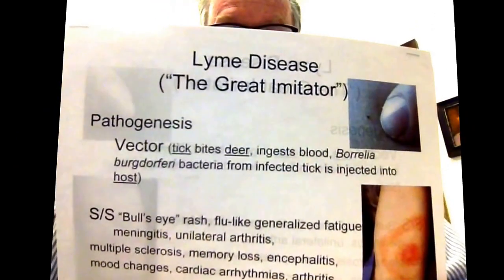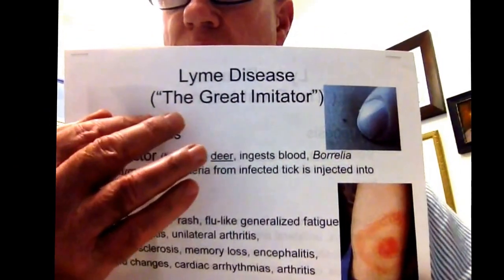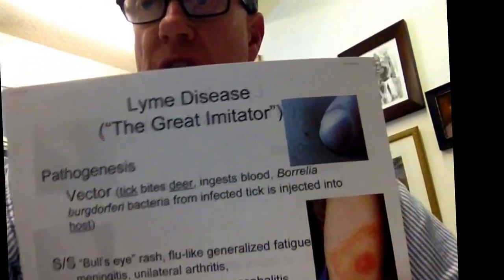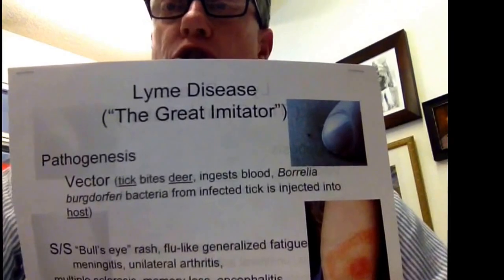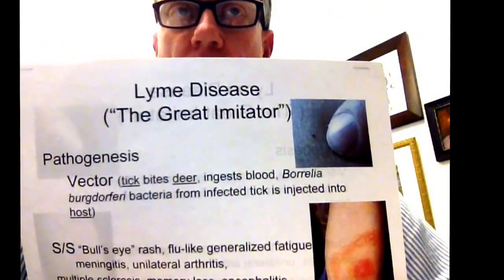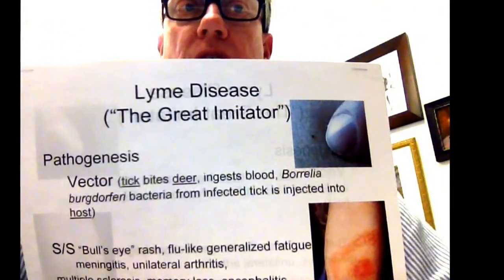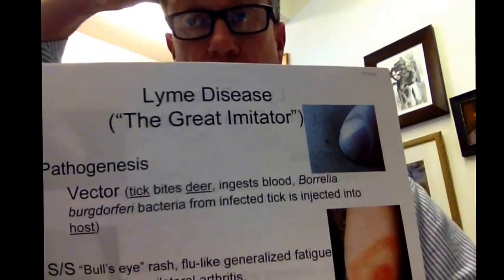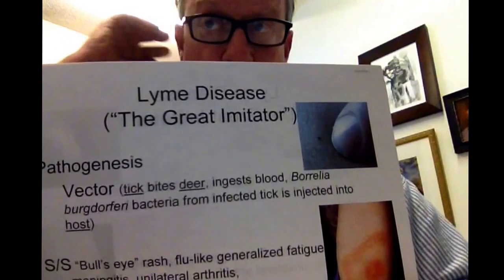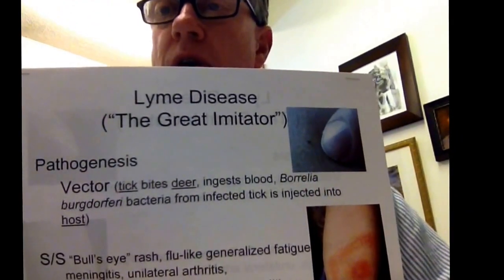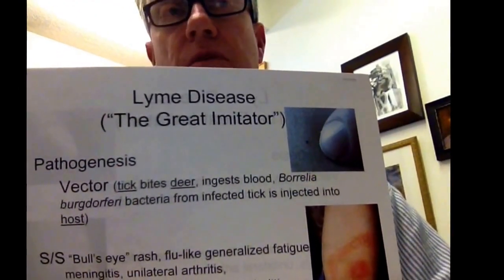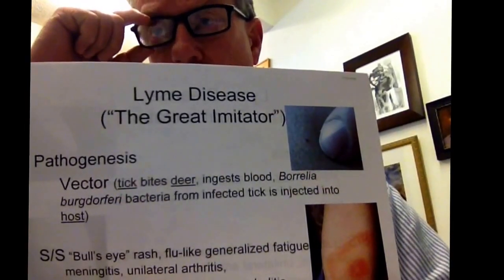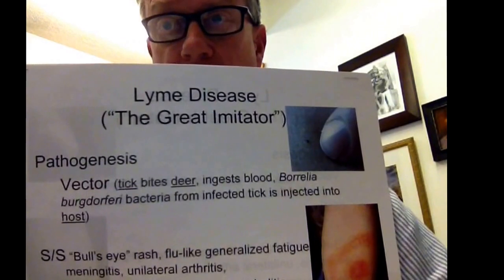in the forest. And this is dubbed euphemistically the great imitator because the signs and symptoms are so varied. There are people, maybe I'll talk to you about this in class, one of our former ASB presidents here at PLNU had this as a young professional after graduation, and he had psychogenic complications and became suicidal.